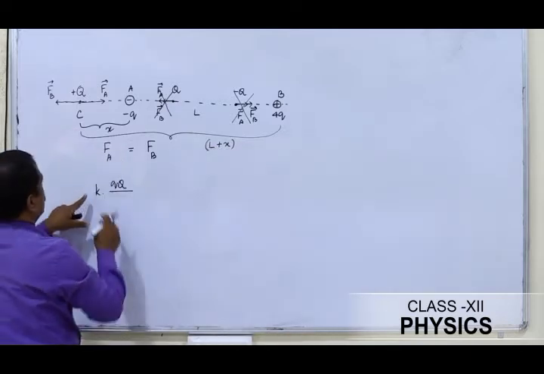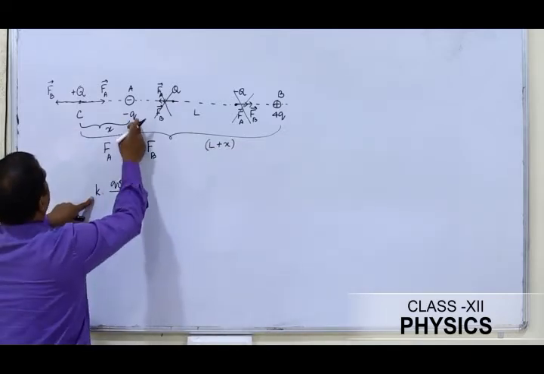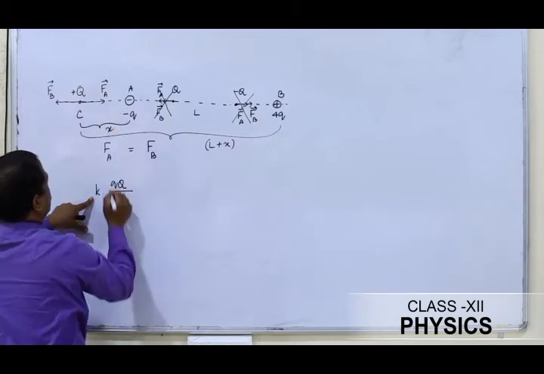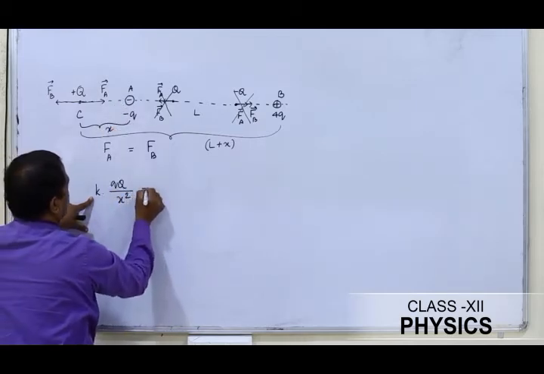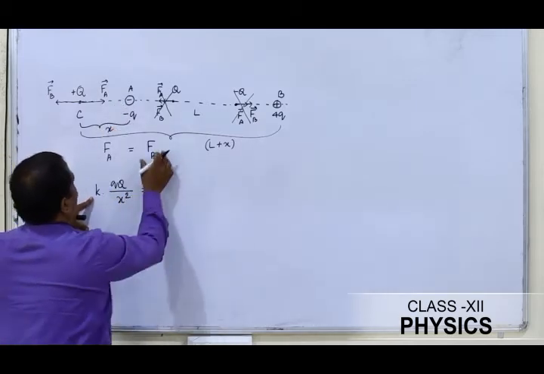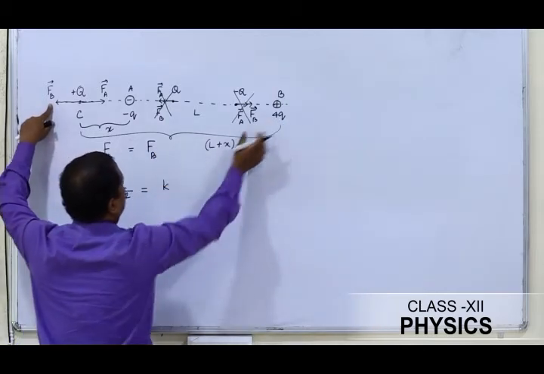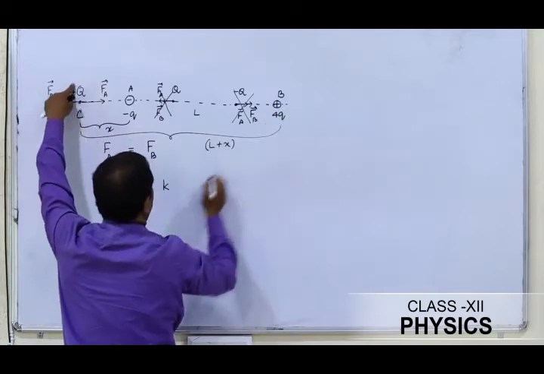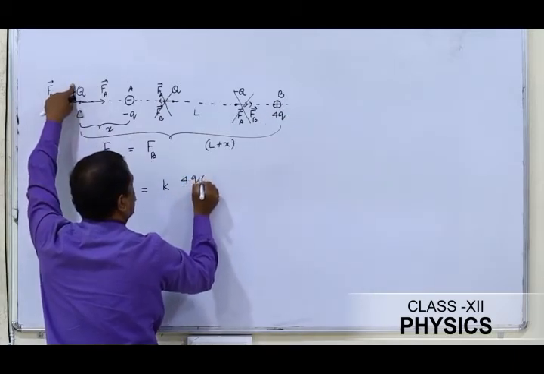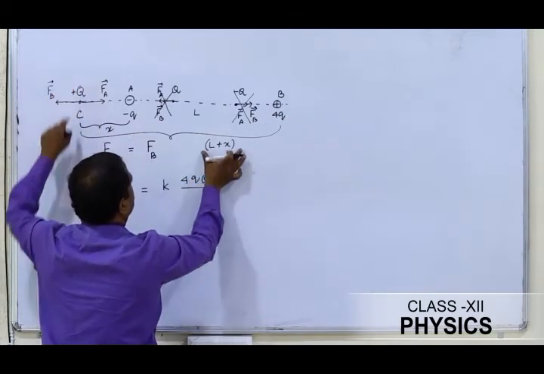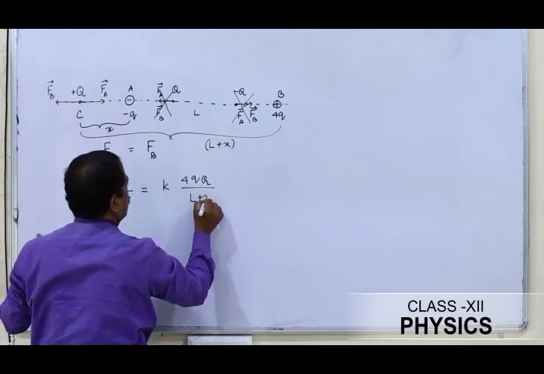In that case, Fa is K into q into capital Q divided by distance square, which is x square, and Fb is the force exerted by this charge. So therefore K into product of the two charges, 4q into capital Q, divided by distance square, which is L plus x whole square.